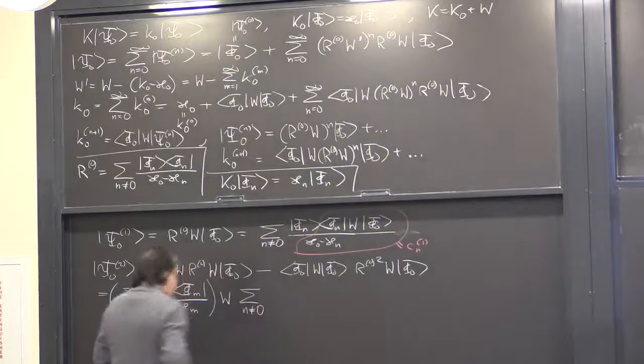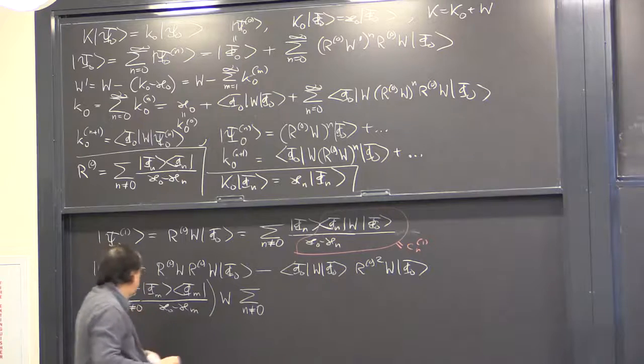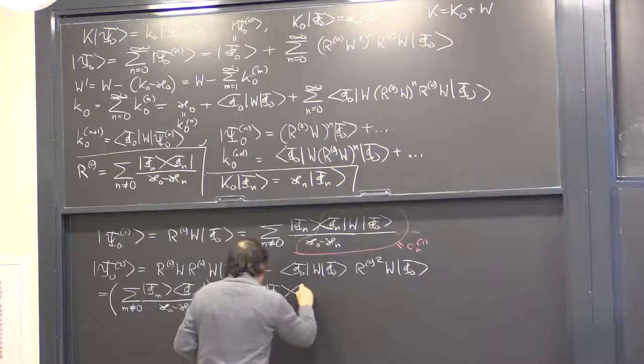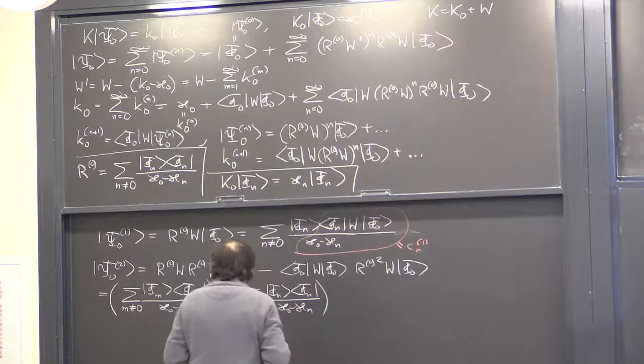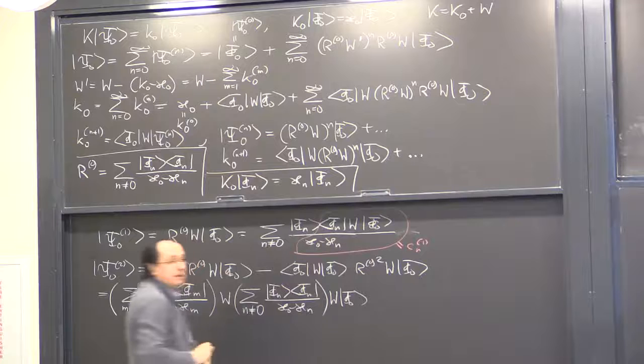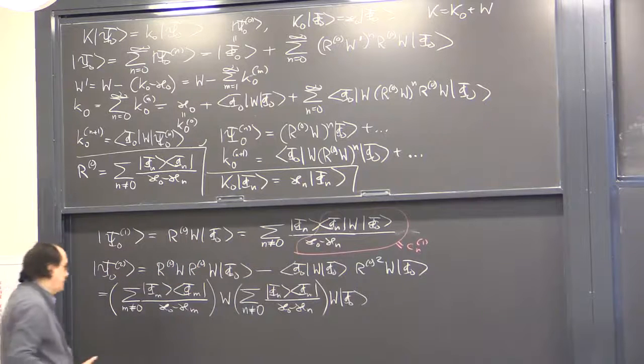So I'm going to use different symbols. Then I have phi n over kappa 0 minus kappa n. That's the second copy of the resolvent. Then I have another W, and then phi 0. We'll work on this.